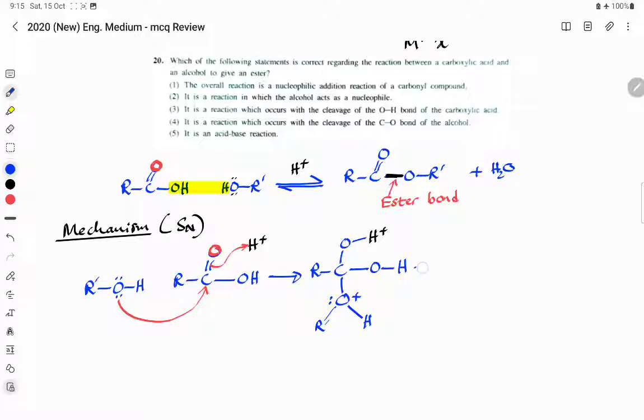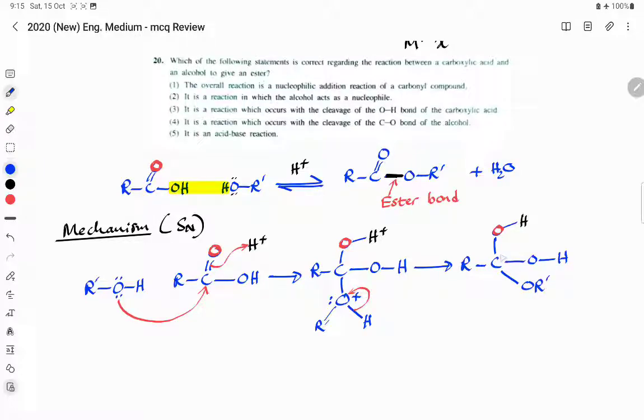Now this compound will remove its hydrogen by giving electrons to the oxygen to neutralize the plus charge here. Then we will get RC, this OH, this oxygen is radioactive, this is the catalyst hydrogen, and this OH is there. Now there's an OR group.